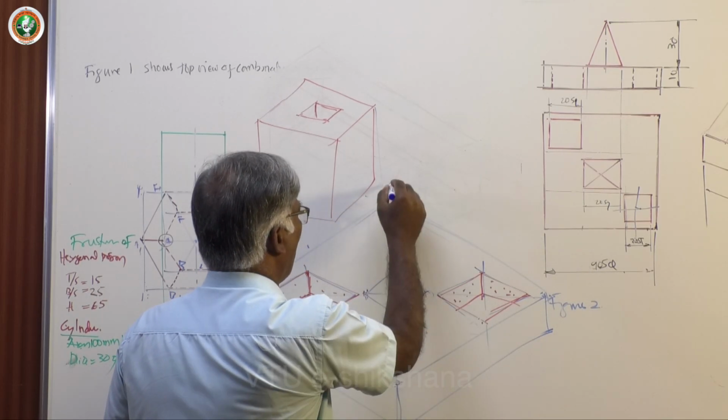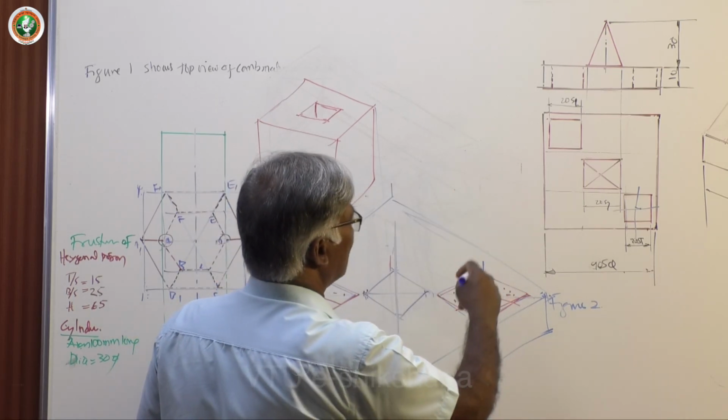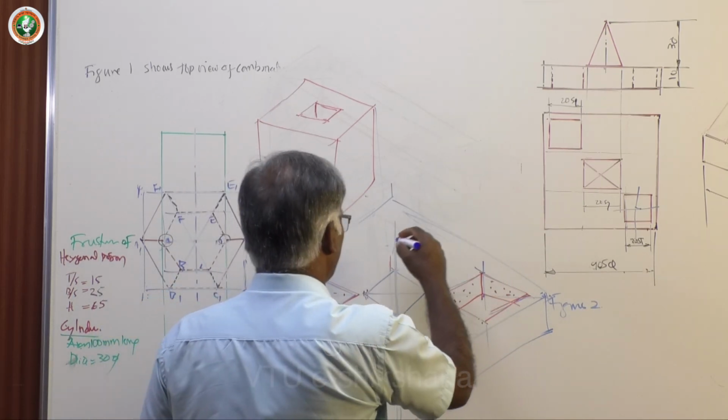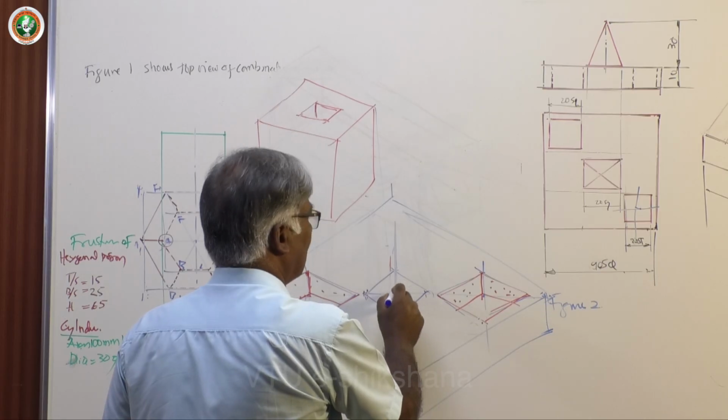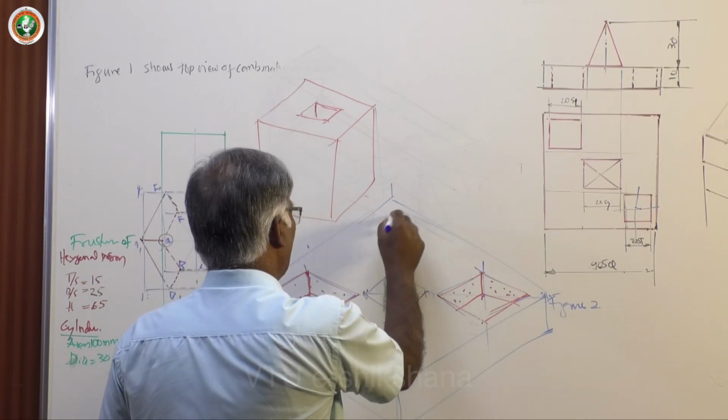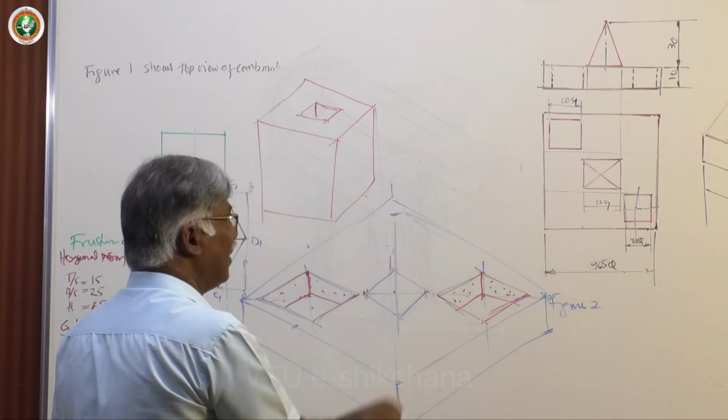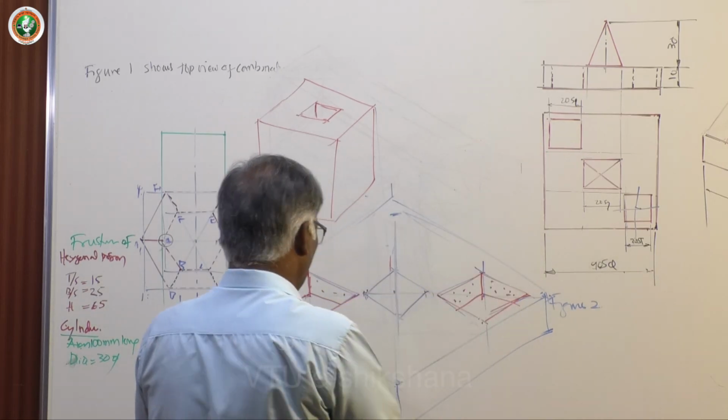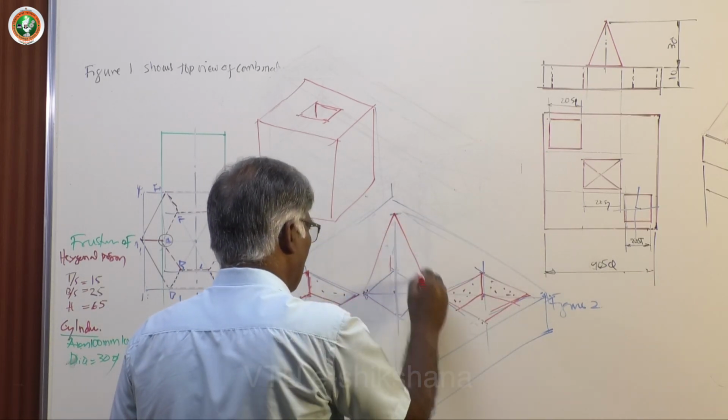Then it may go up or down, so that depends on the distances. The height given is 30. So here it is 45, definitely it will be like this only because it is 45. The height is only 30, so it will be below. Now draw this.